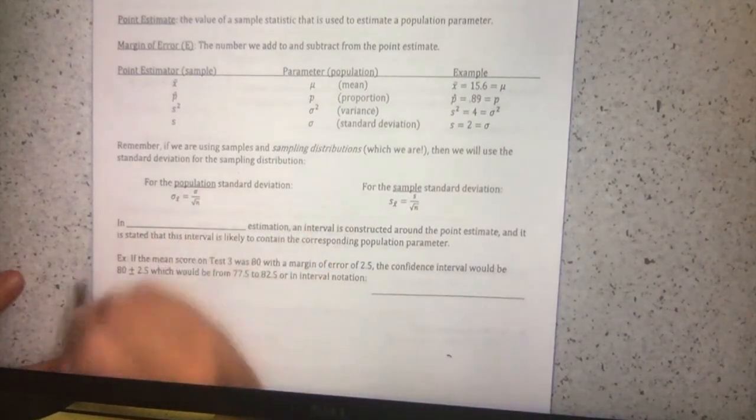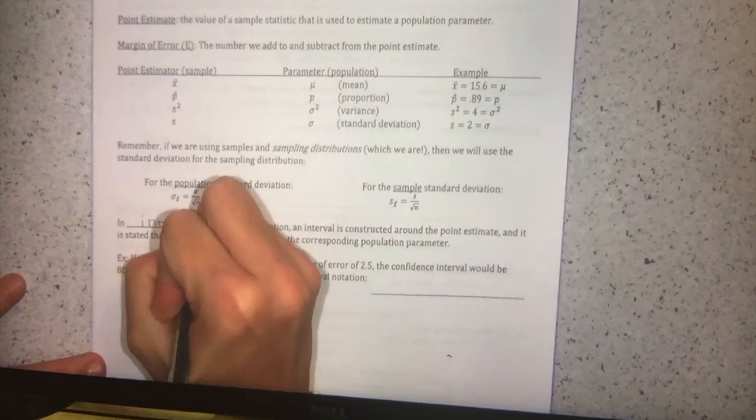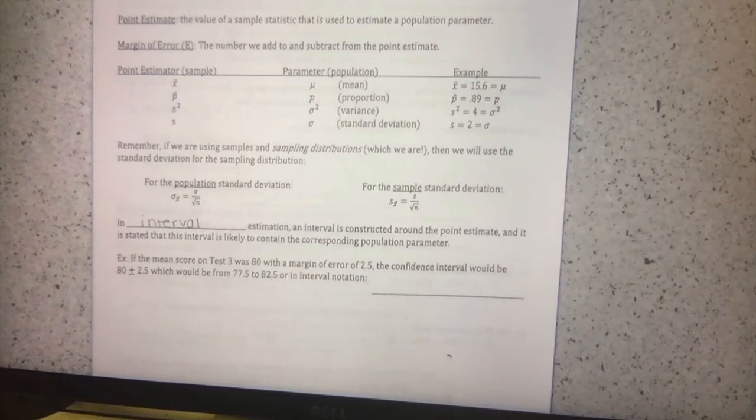So in interval estimation, an interval is constructed around the point estimate, and it is stated that this interval is likely to contain a corresponding population parameter.